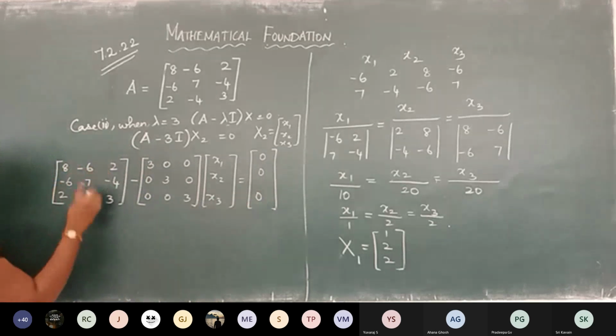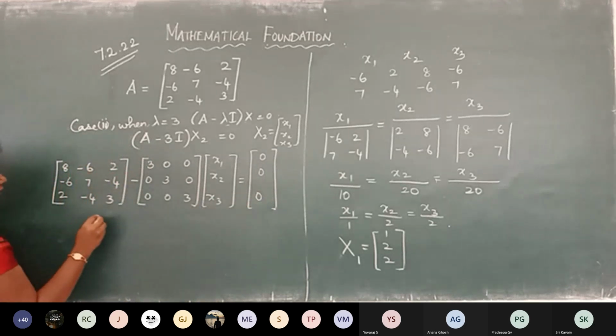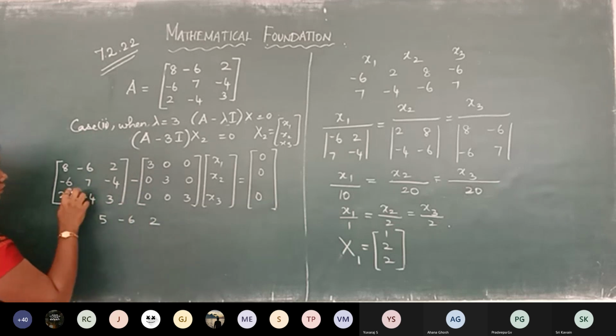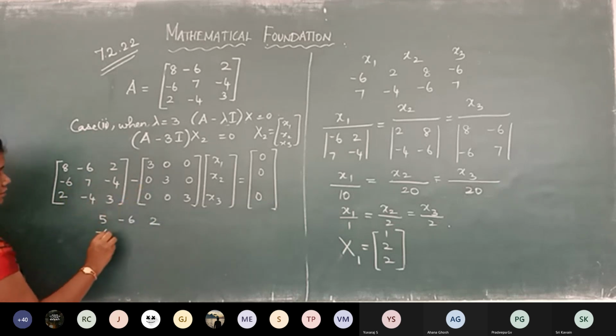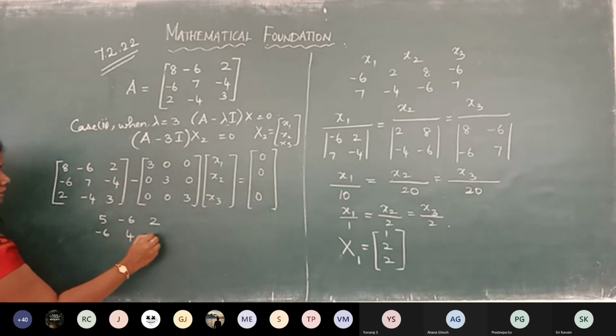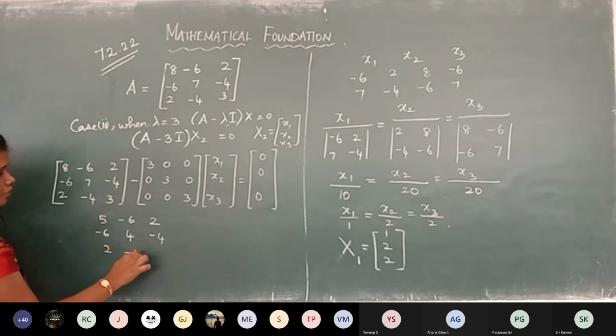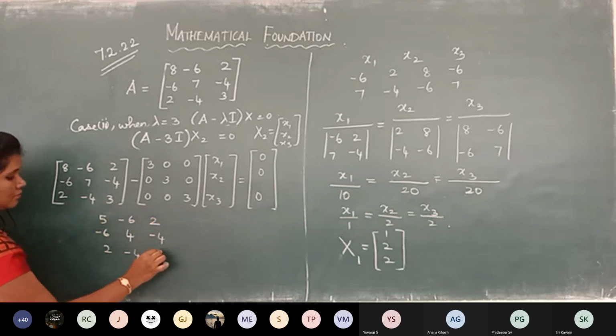So now you'll have 8 minus 3, which is 5, minus 6, 2, minus 6, 7 minus 3, which is 4, minus 4, 2, minus 4, 3 minus 3, which is 0.